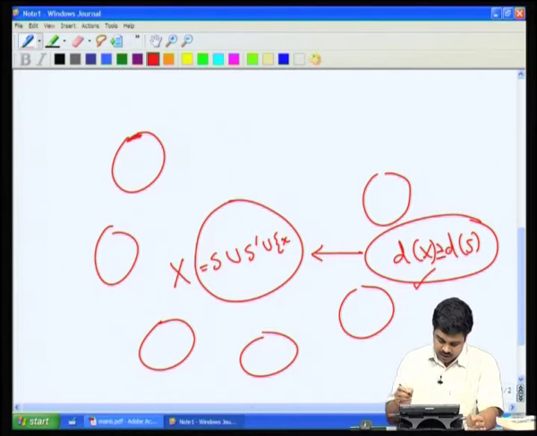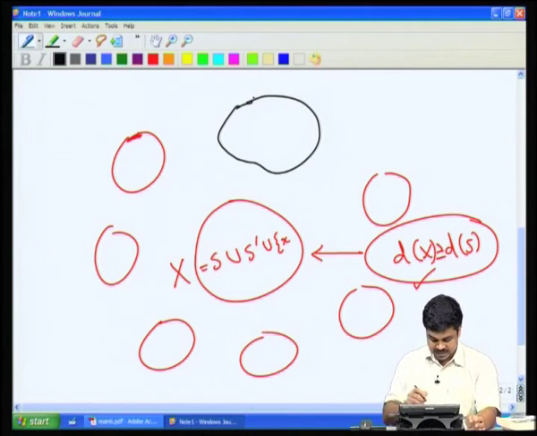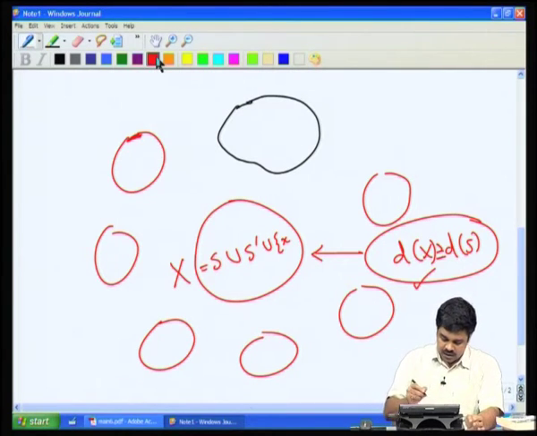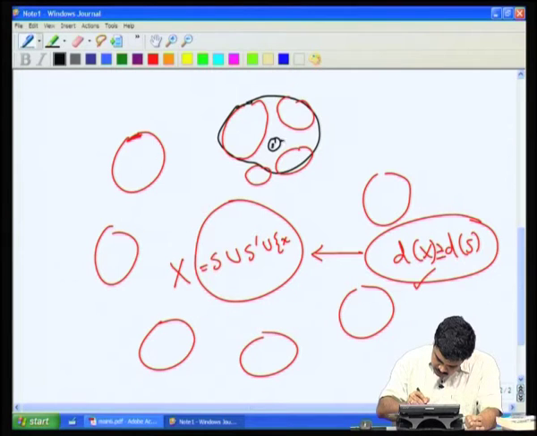So how do I do that? Look at the component we are considering. This was our component, from which we have removed X and S dash. So for instance, S dash was here, we moved this, and X is also moved, right.